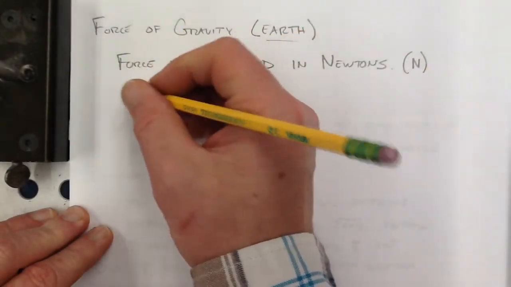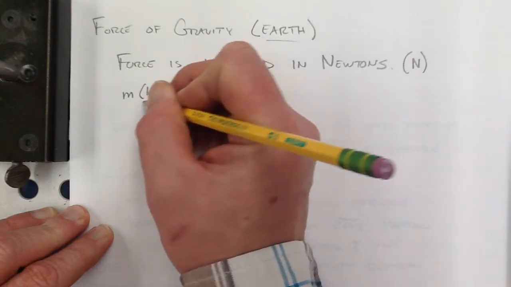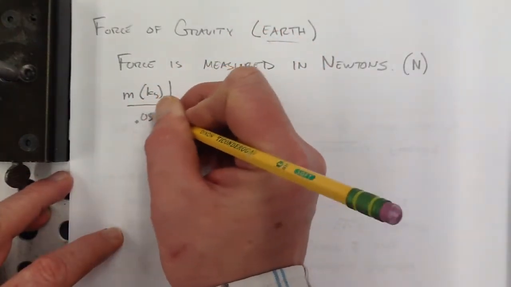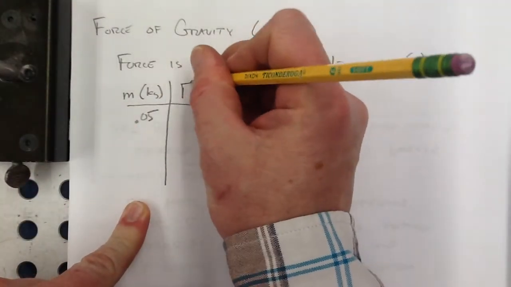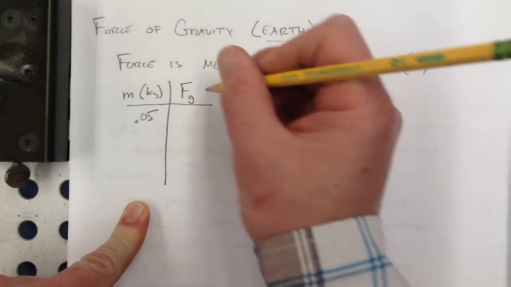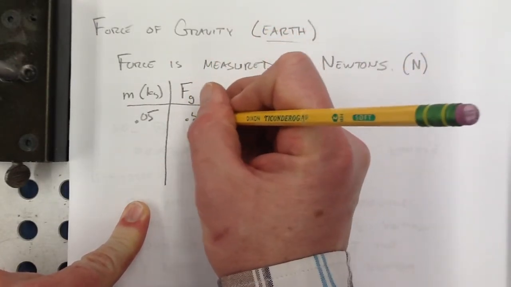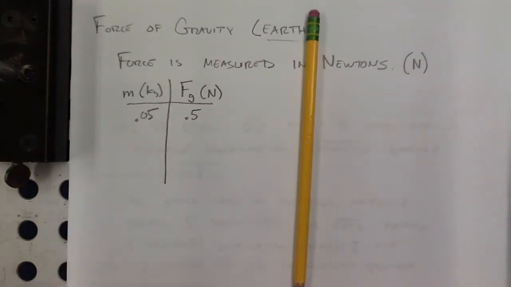So for a mass in kilograms of 0.05, that's my 50 grams there, I got a gravitational force, which we measure in newtons, of half a newton.